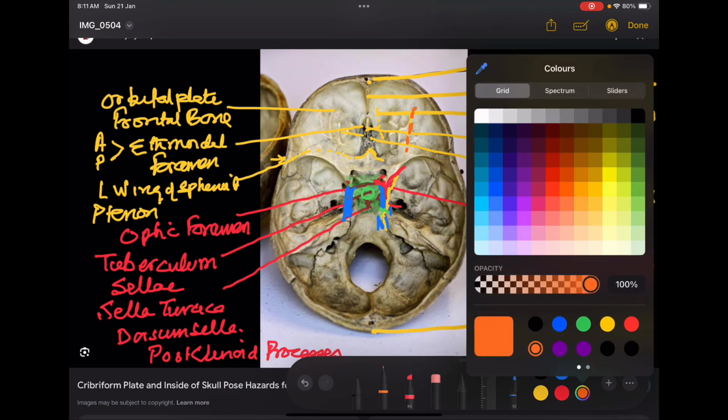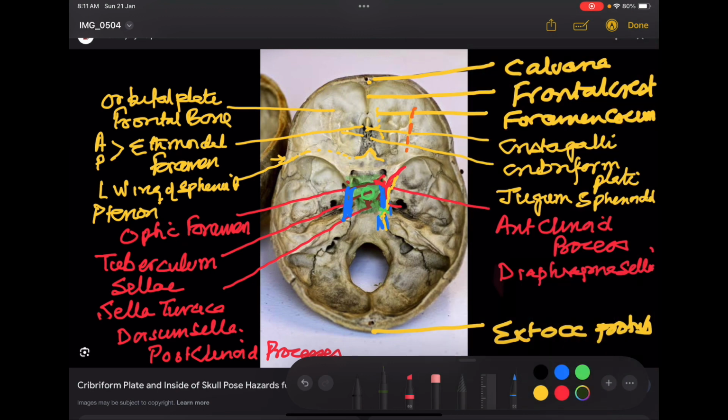We'll get a much deeper green color for the tentorium cerebelli. So this is one attachment, the petrous temporal bone, and the tentorium cerebelli is attached like this. And there's a notch in the tentorium cerebelli which passes the midbrain, into the pons and then the medulla, and under the tentorium cerebelli lies the cerebellum.